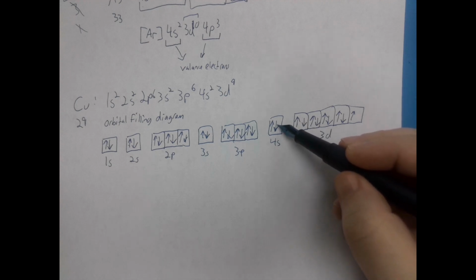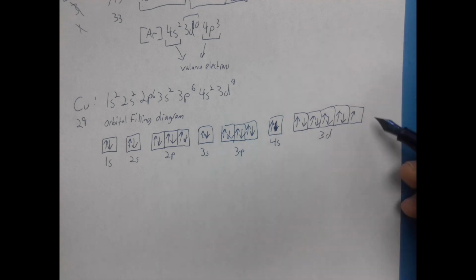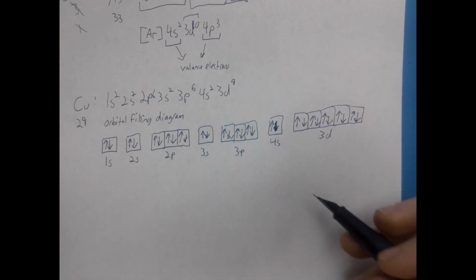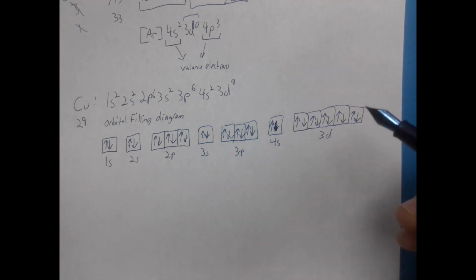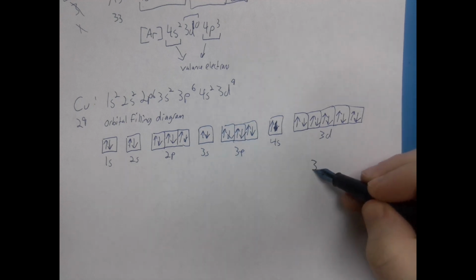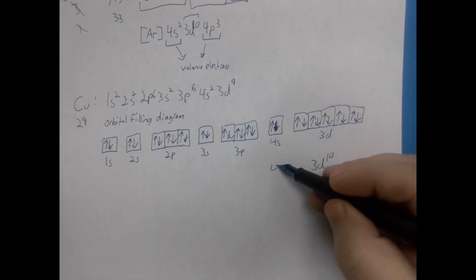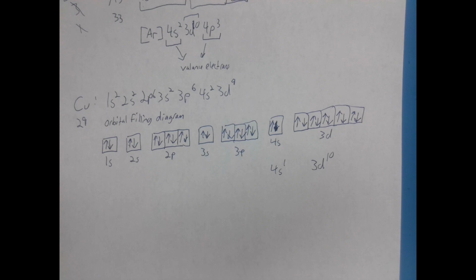What ends up happening is this electron actually gets bumped up and goes into this one. So it actually becomes 3d10 and 4s1, which is the actual electron configuration for copper.